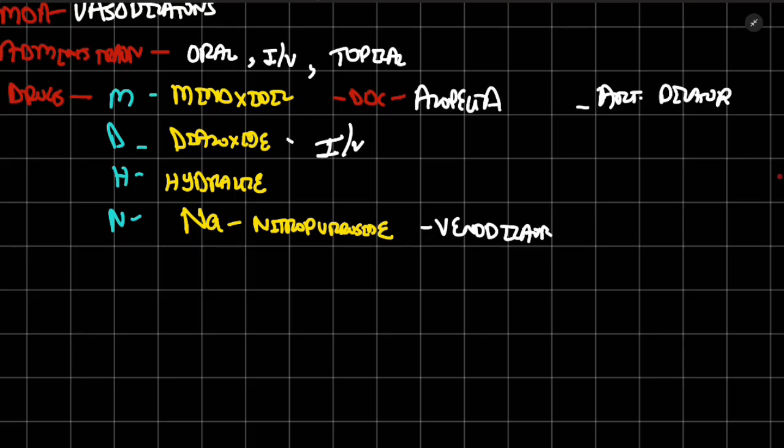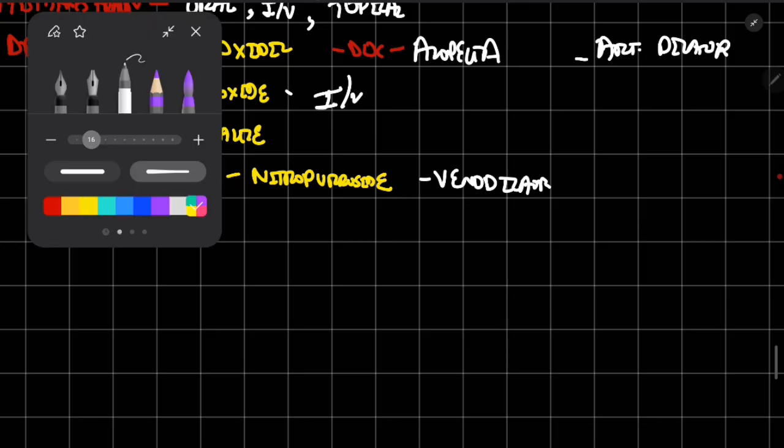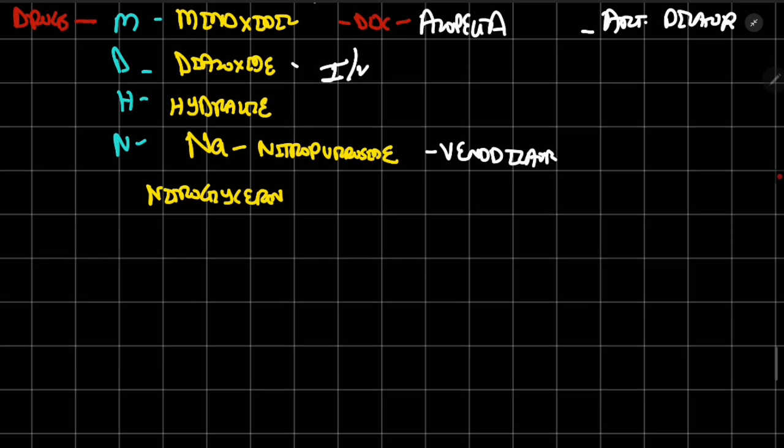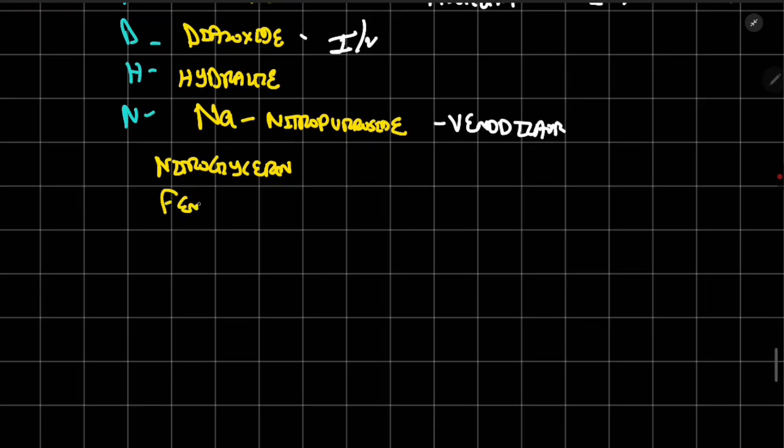Then we have one more drug, nitroglycerin, which is also a venodilator. And we have fenoldopam.